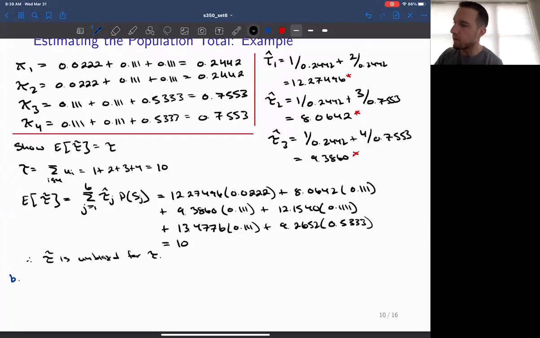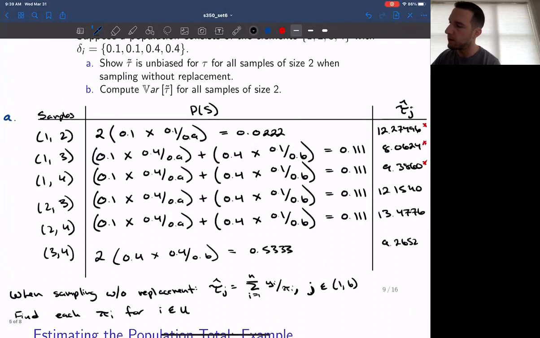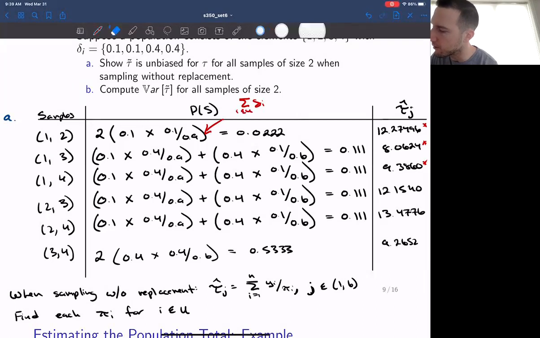Okay, in part B, we want to find the variance of our estimator. So this will be done simply by finding, okay, so the 0.9, so on the first draw, we take out an element whose probability is 0.1. Okay, so the total probability, the sum of the delta i for i in U, let me write that a little cleaner.